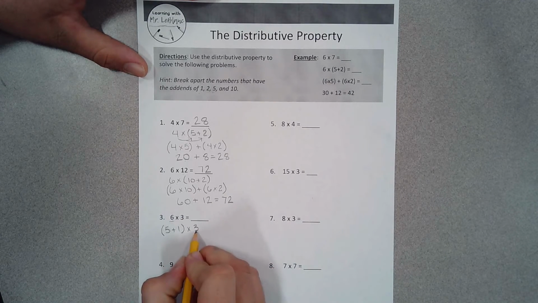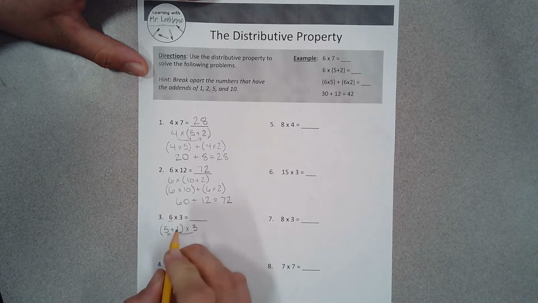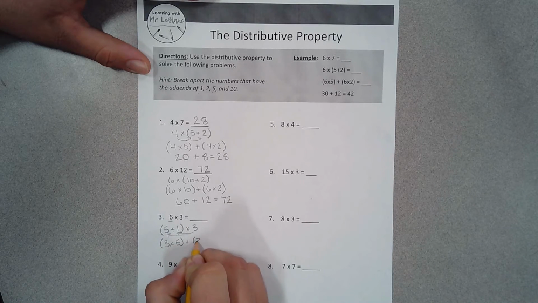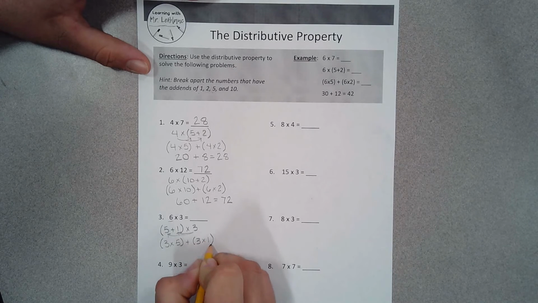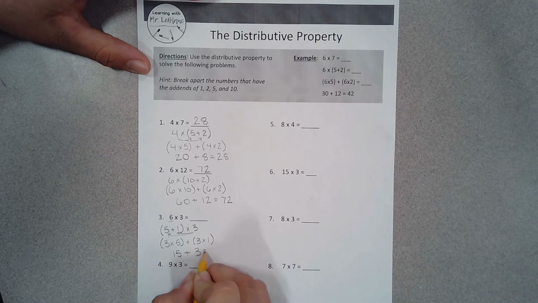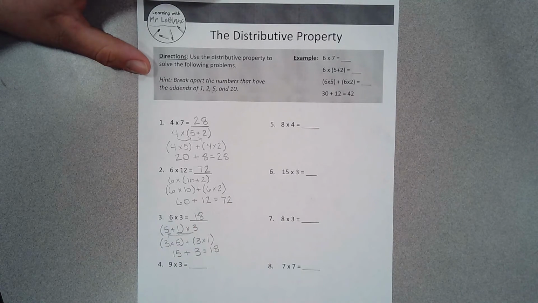Then we're going to distribute this 3 onto each of those numbers, which will give us 3 times 5 plus 3 times 1. 3 times 5 is 15, plus 3 times 1 is 3, which gives us 18. So 6 times 3 equals 18.